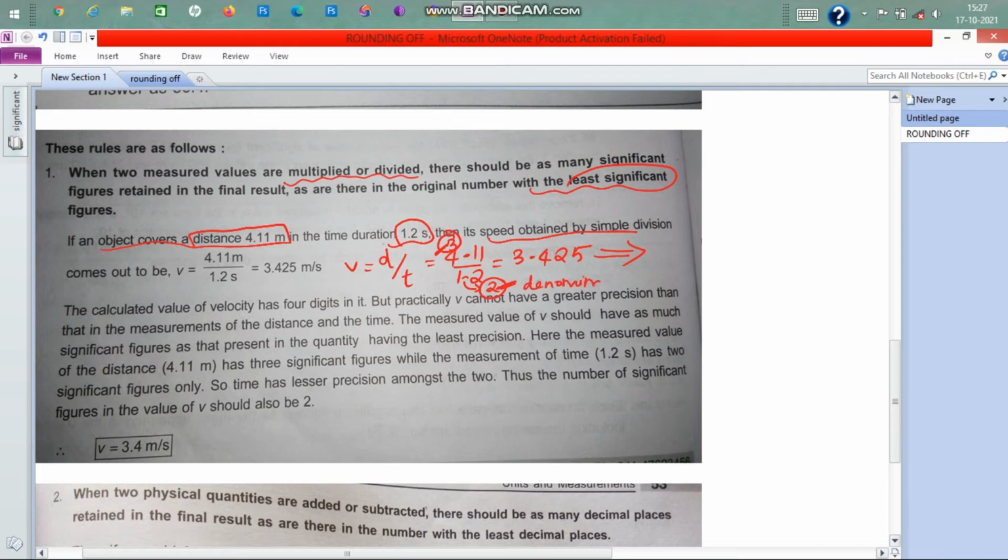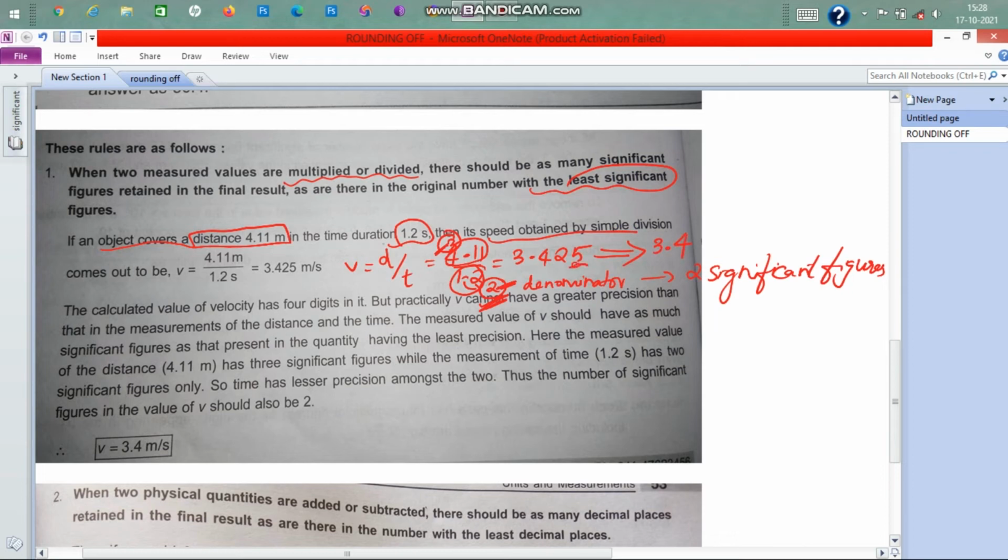So the final answer must have only 2 significant figures. During multiplication or division, the final answer must have the least number of significant figures, so the final answer must also have 2 significant figures, which is 3.4.